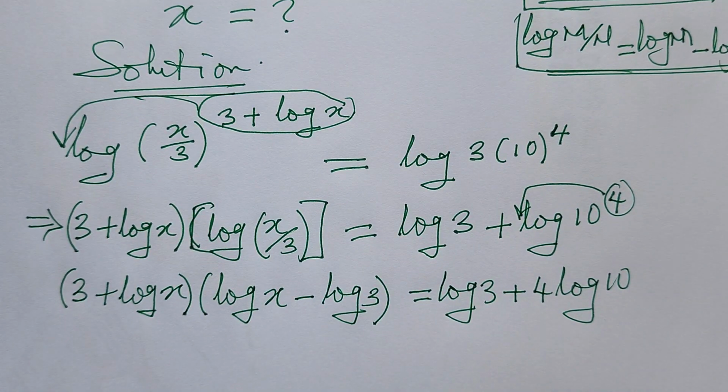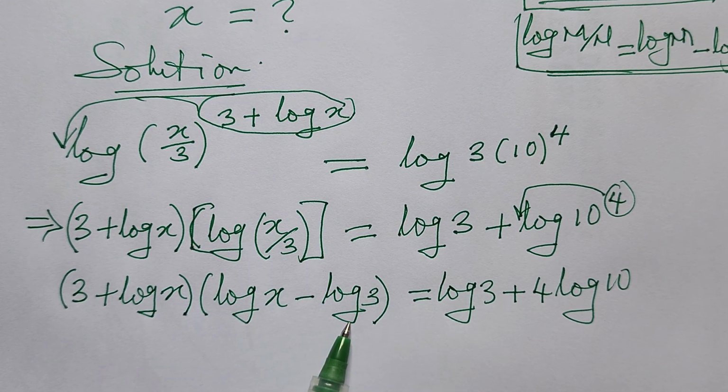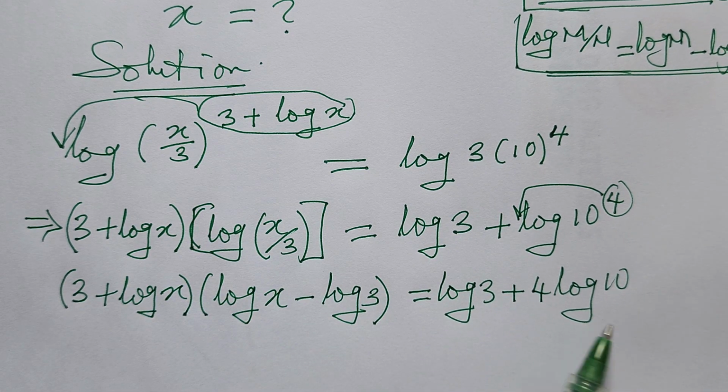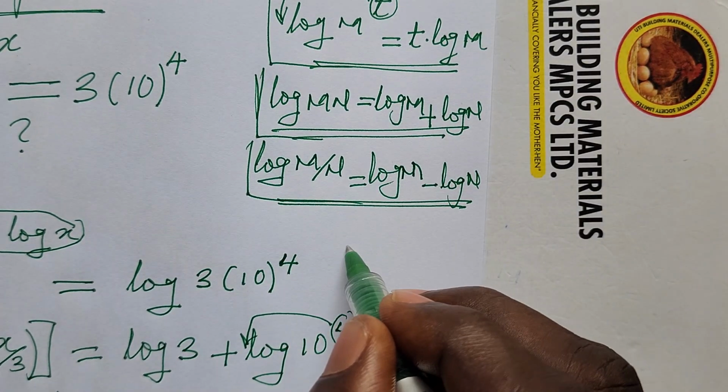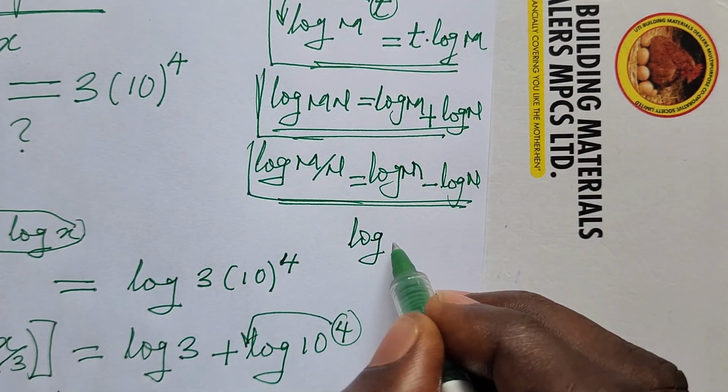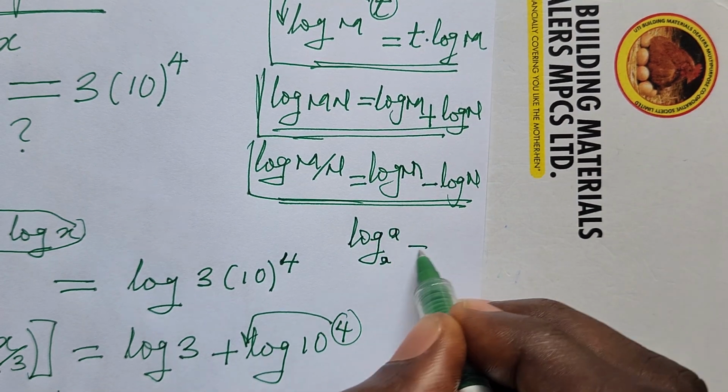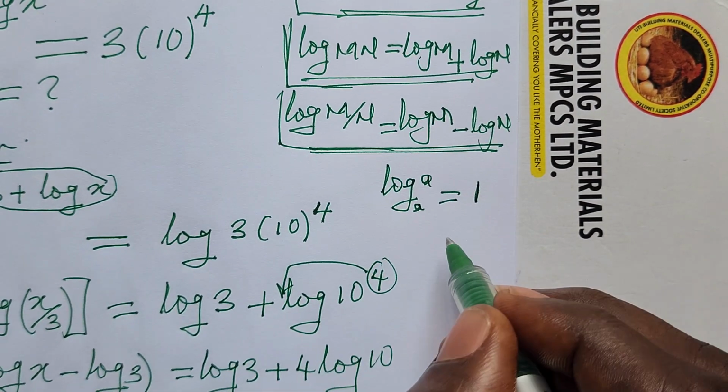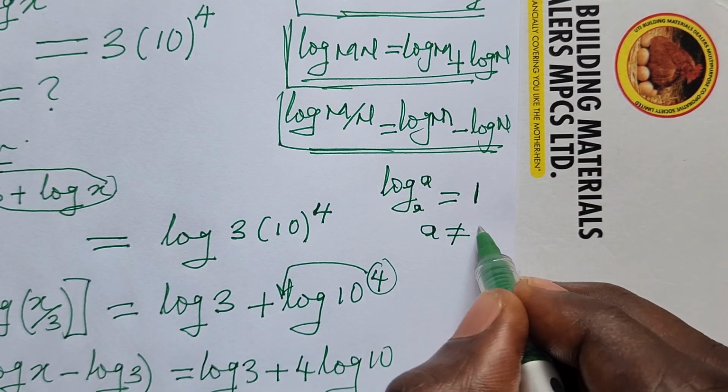Now recall we said at the beginning that we are using log base 10. So here we have base 10, base 10, and so on. And remember, we say that if we have log of a to base a, this is equal to 1, provided a is not equal to 0.